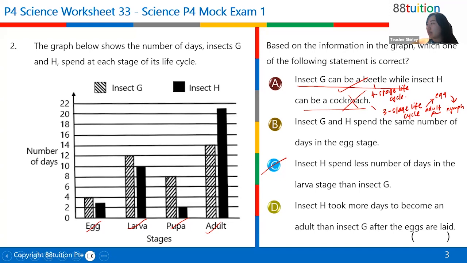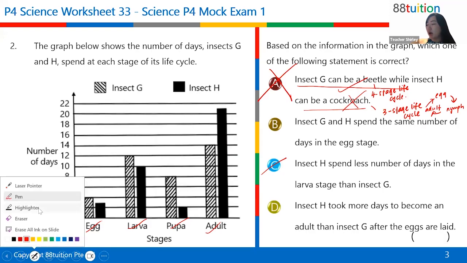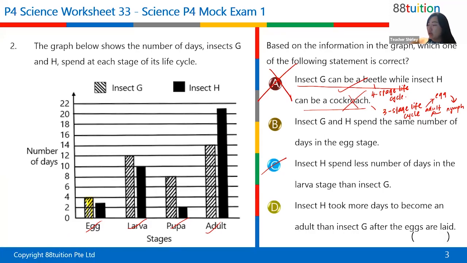So A is out, right? Statement B says insect G and H spend the same number of days in the egg stage. According to the graph, it's obvious that the two do not have the same. They do not spend the same number of days in the egg stage. So this is wrong as well.